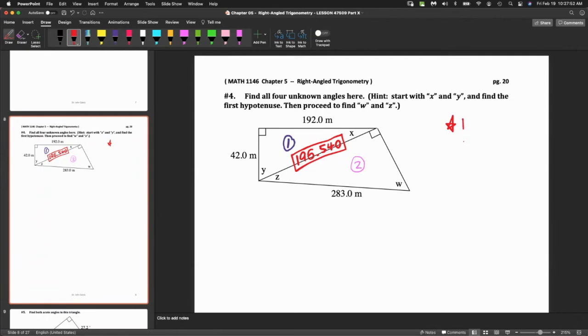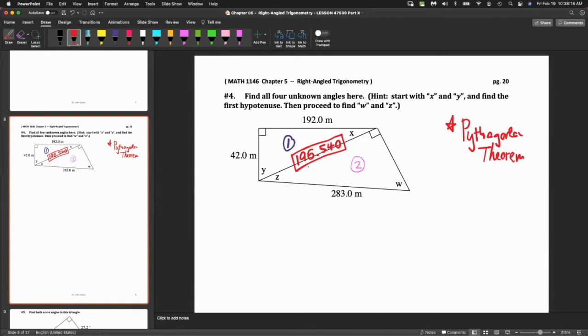No. We used the Pythagorean theorem. Good. So remember that just because we're solving for angles does not mean that we throw away the Pythagorean theorem. Thank you, Mike. We still keep all of that, okay?